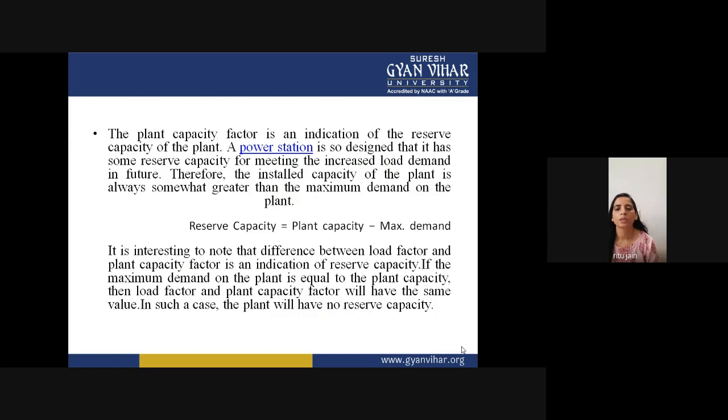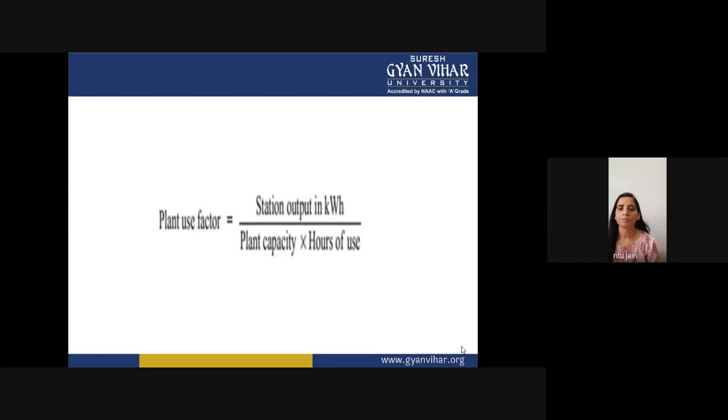In such a case, the plant will have no reserve capacity. This is a very important point. Now we have discussed average load, maximum demand, load factor, diversity factor, and reserve capacity. Hope you are able to differentiate between these particular definitions.